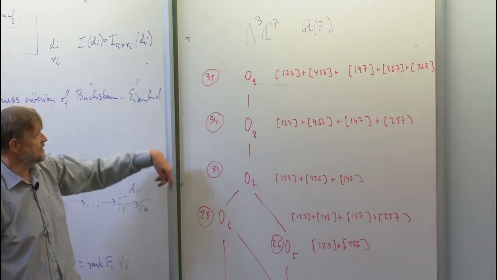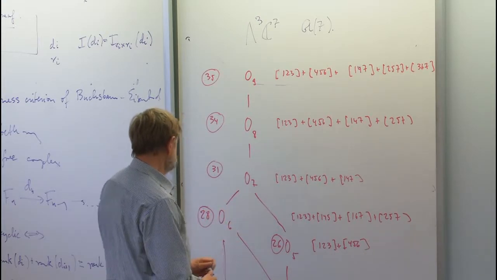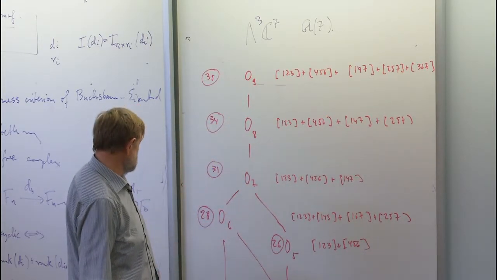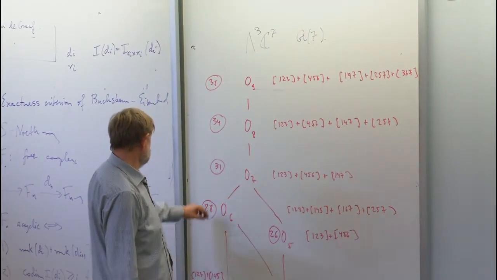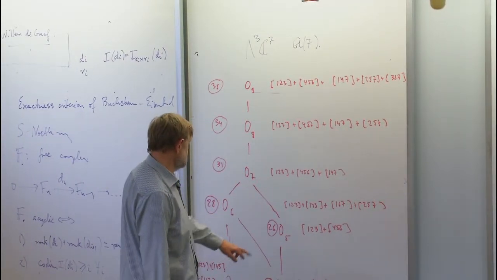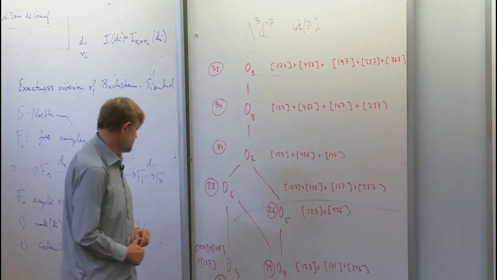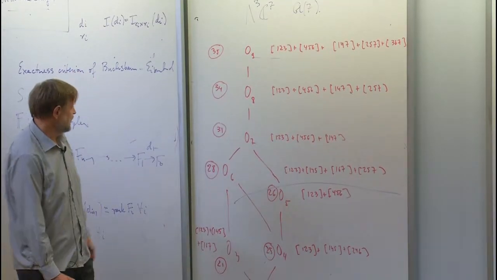So I wrote their dimensions and their representatives. What happens actually is that maybe the most interesting are those two orbits.